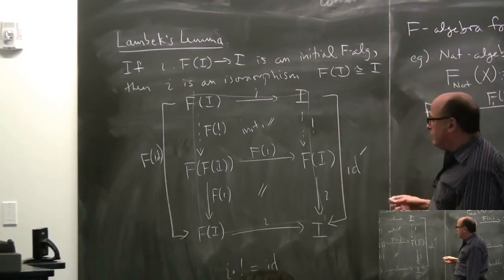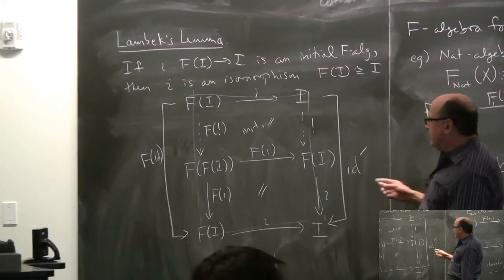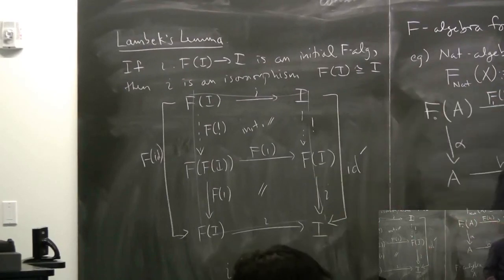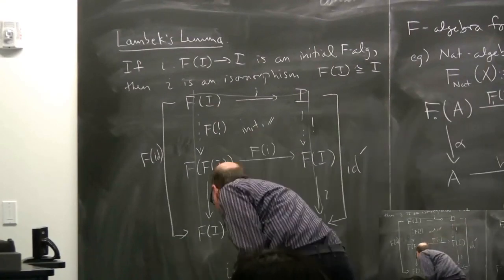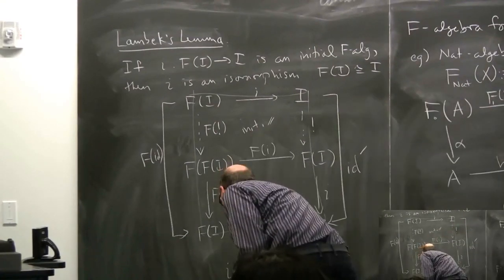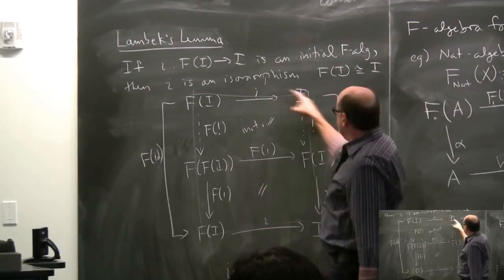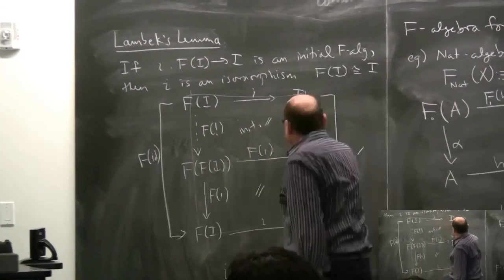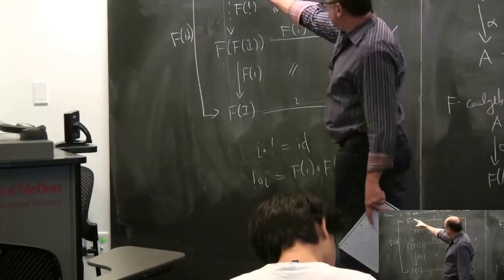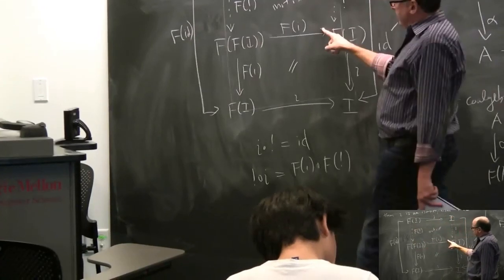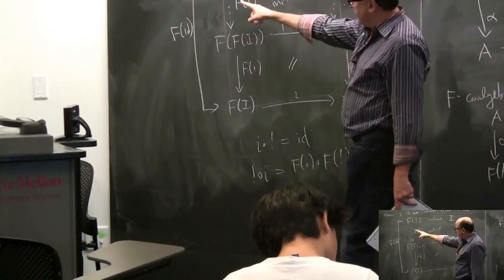So now I want to show the opposite condition. And now, if you look at bang after I, it is the same as f of I after f of bang, because bang after I is, by the commutation here, f of bang, f of I after f of bang.